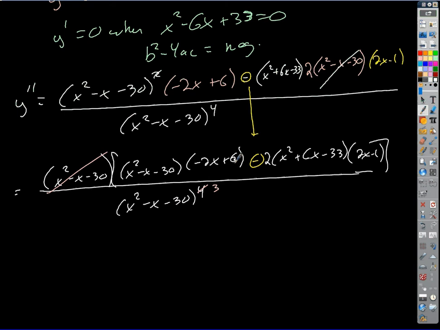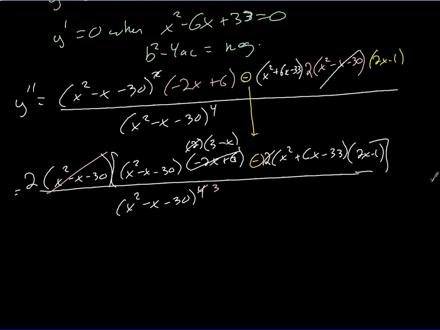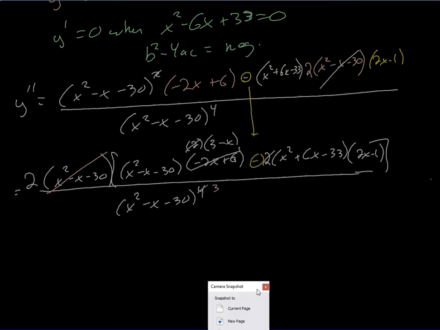We could take a 2 out, couldn't we, right? So I could break this up into 2 times 3 minus x, and then I could factor a 2 out front also. Okay, it just makes things a little easier. So now, what do we got? I'm going to have to go to the page, let's get to it.